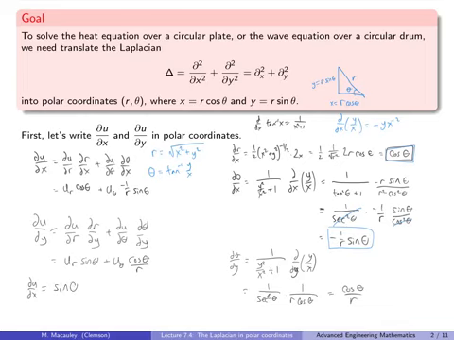Sine of theta times d dr, it doesn't matter, plus cosine of theta over r times, actually I guess it does matter, d theta applied to u. So notice that du dy, this thing right here is just this differential operator applied to u, that's this term, plus this differential operator applied to u, that's that term.